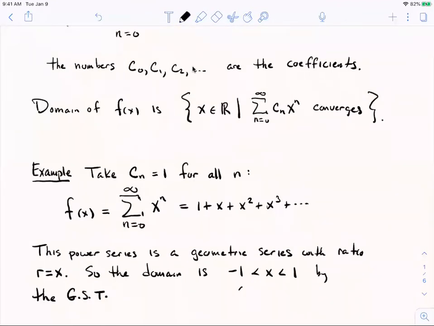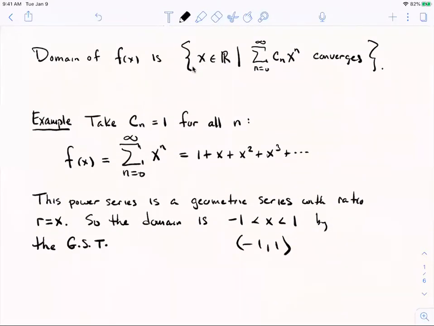If you want to write it in interval notation, you'd write it with round parentheses because it diverges at both of the endpoints of that interval. A geometric series diverges when the ratio is greater than or equal to 1 in absolute value. By the way, that's another way to write this: x between -1 and 1, or the interval between -1 and 1. Another way to write it would be to say that the absolute value of x is less than 1.